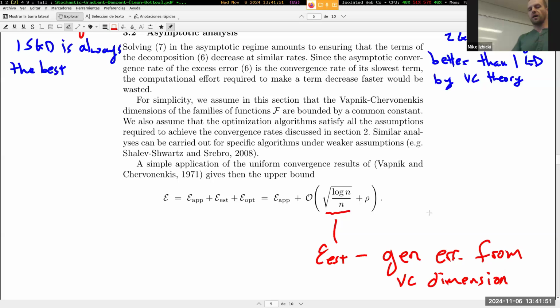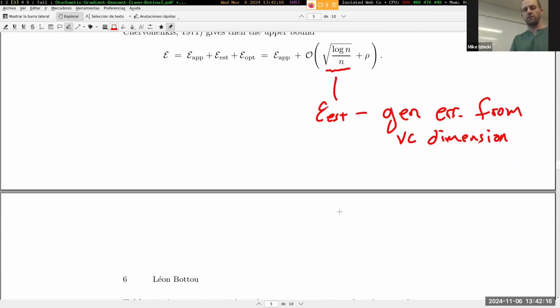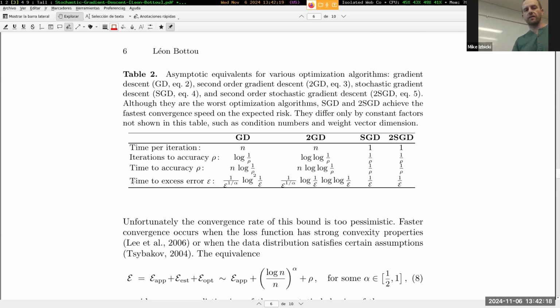He's treating the VC dimension itself as a constant here, and only considering the dependence on n right here. And we're going to set all these things equal to each other in a complex formula in a second, and solve for what our rho value should actually be equal to, depending on our n values. And that's where this time to excess error is going to come into play.